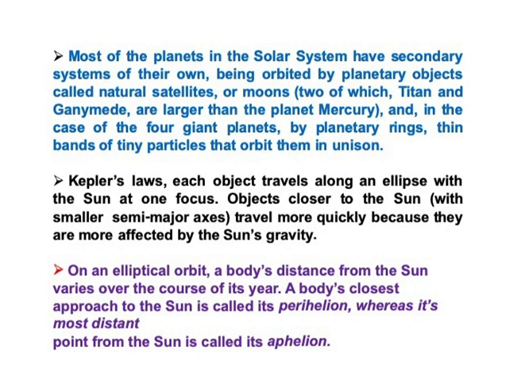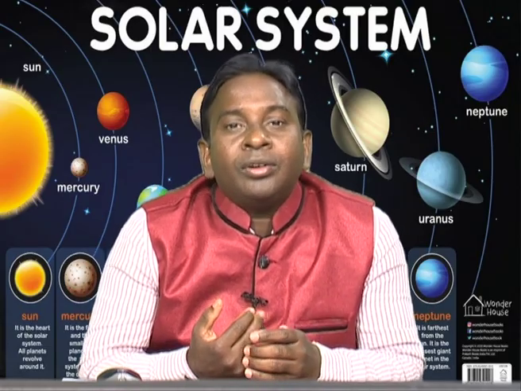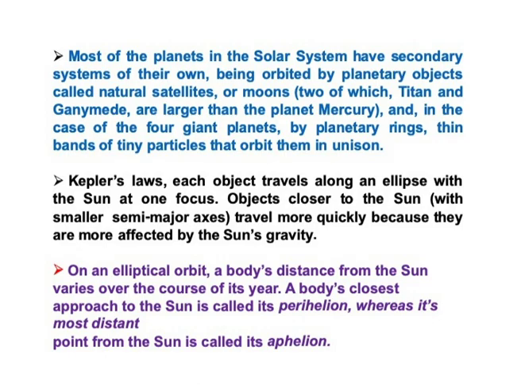Objects closer to the sun, with a smaller semi-major axis, travel more quickly because they are more affected by the sun's gravity. Next, in an elliptical orbit, a body's distance from the sun varies over the course of its year.